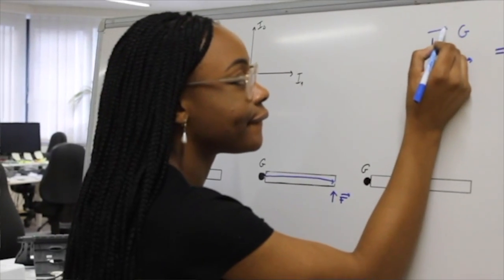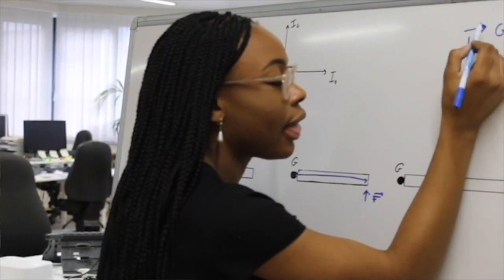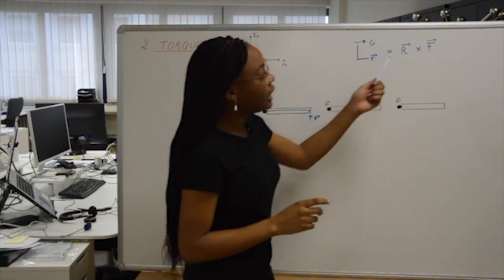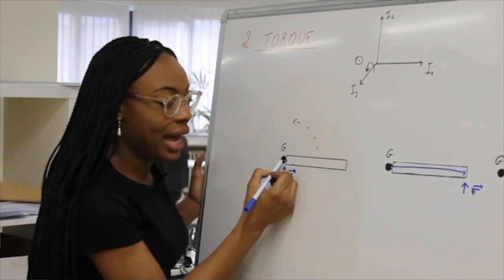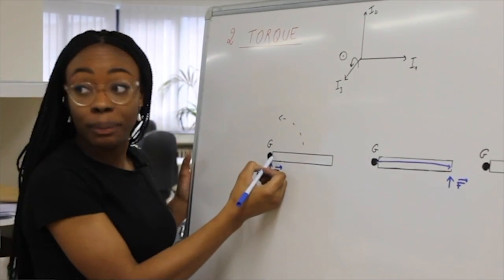So the torque is a vector, and the lever arm is the distance between the point of axis and the point of application of the force.